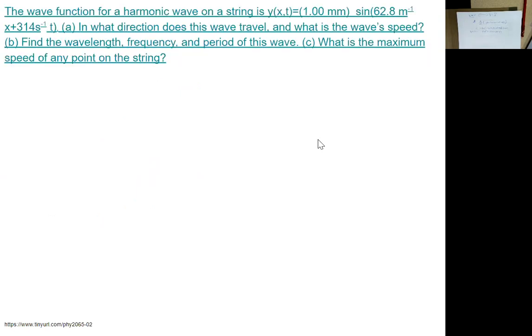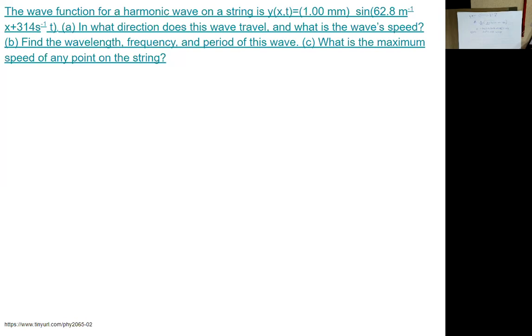So if that's clear, we are going to take a look at one example here. This one says the wave function for a harmonic wave on a string is y as a function of x and t equal to 1.00 millimeter, this is the amplitude, times a sine function of 62.8 meters inverse times x.